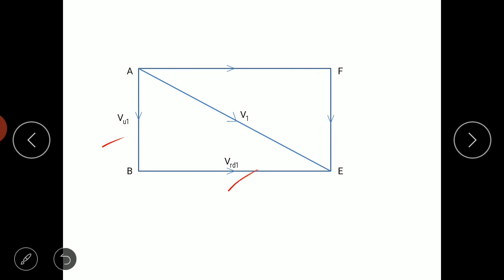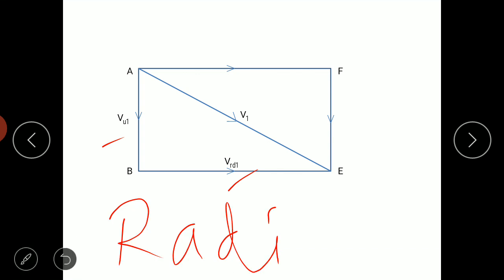Now again it is the same, but here which type of turbine is it? A radial flow turbine, or radial turbo machine. Why is it a radial turbo machine? Because V1 is split into two components, VRD1 and VU1. VRD1 is the radial velocity component, VU1 is the tangential velocity component. Here, Vx1 is 0.